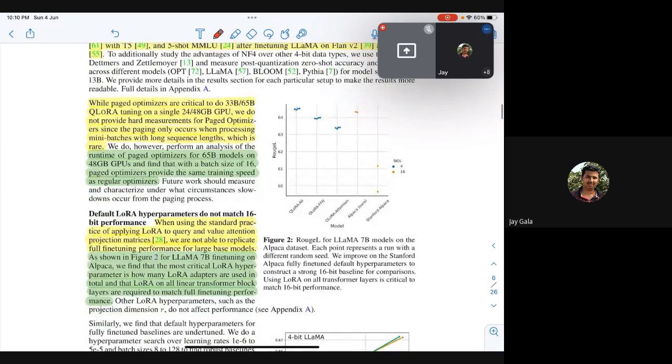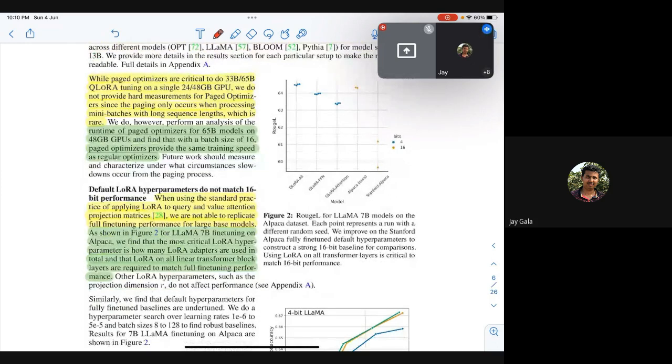And if you look at this, for most of the models that you will fine tune, if you have a 48 GB or 24 GB GPU, you might not need the paged optimizer, or at least there won't be much harder constraints for that. But when you have much bigger models, that's where paged optimizers might be of use.